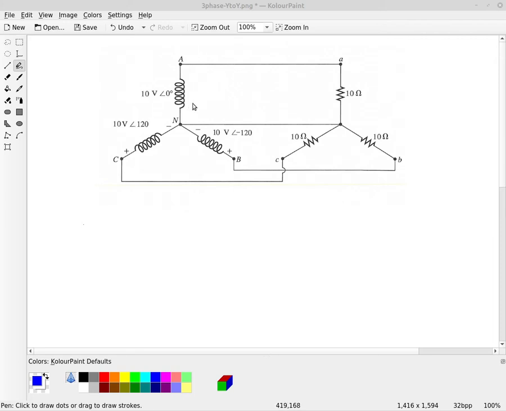But if we wanted to apply Kirchhoff's voltage law, remember KVL, Kirchhoff's voltage law applies to any electrical circuit.